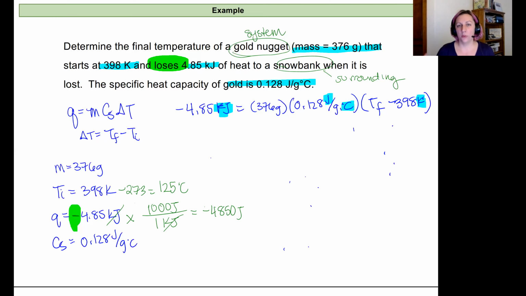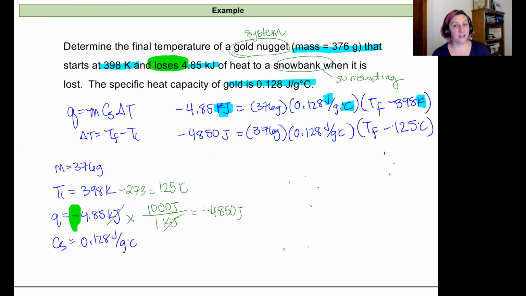Okay, I'm going to rewrite my expression now. So I've got negative 4,850 joules is equal to my 376 grams times my 0.128 joules per gram degrees Celsius times my final temperature minus my 125 degrees Celsius. All right, this is looking different, right? So I'm going to rearrange this and isolate temperature on one side.